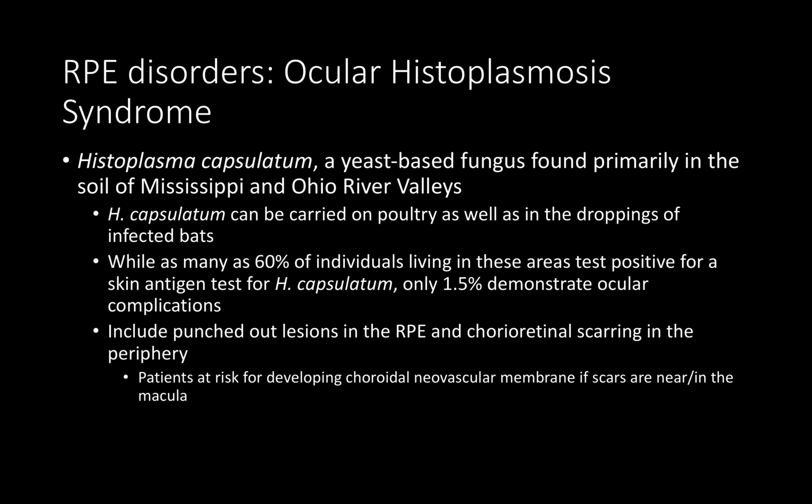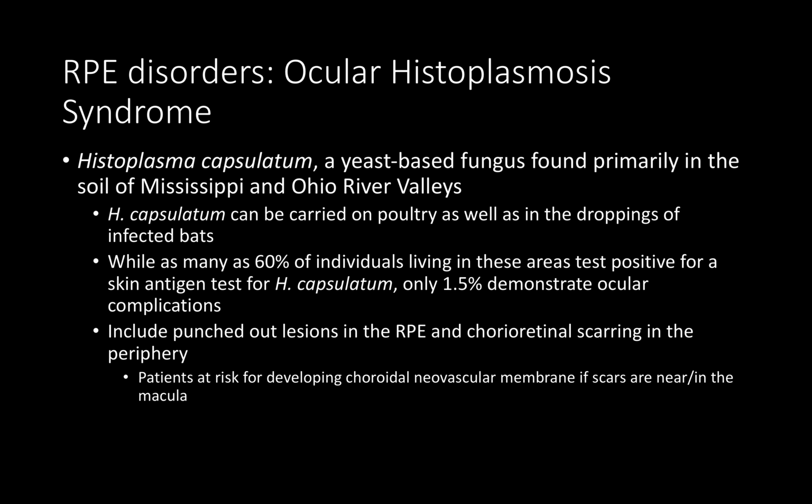Ocular histoplasmosis syndrome is caused by a fungus called Histoplasma capsulatum, and I'm probably butchering that pronunciation, but this is a yeast-based fungus found in the soil, specific to a particular region in the United States, in the Mississippi and Ohio River valleys in particular. In fact, that's part of the differential diagnosis, to ask patients if they have been to those regions in their recent travel history.